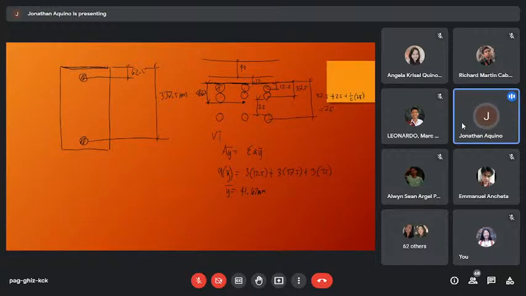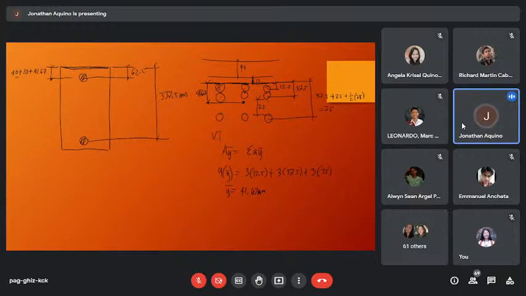This is 41.67. So therefore, the actual d prime is equal to 40 concrete cover plus stirrups diameter 10 plus 41.67.